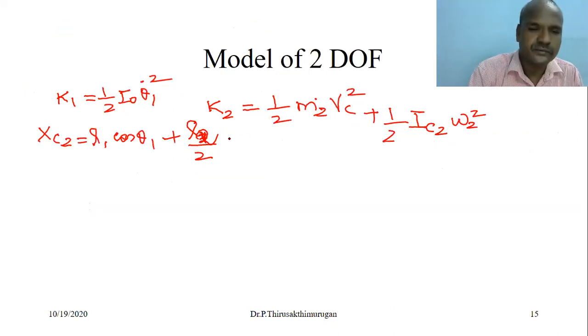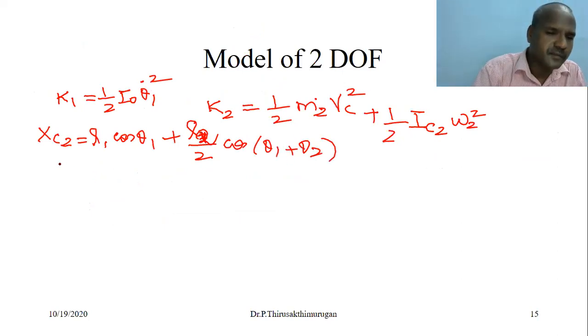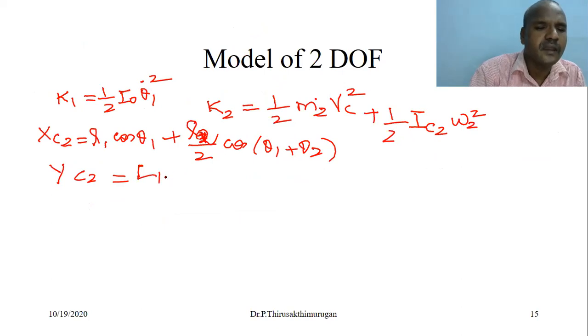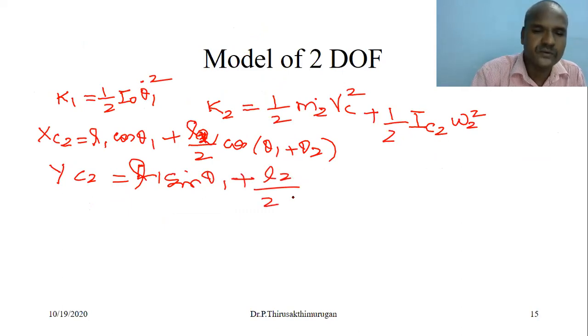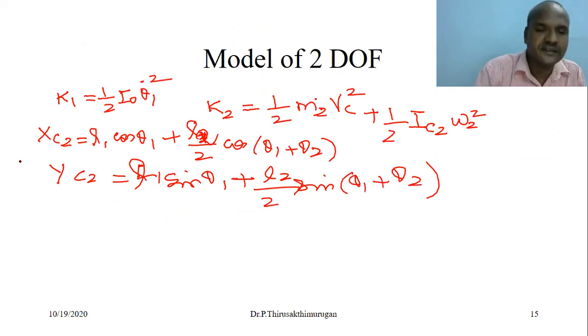Similarly, YC2 is L1 sin theta 1 plus L2 by 2 sin of theta 1 plus theta 2. Okay. So what is VC2?